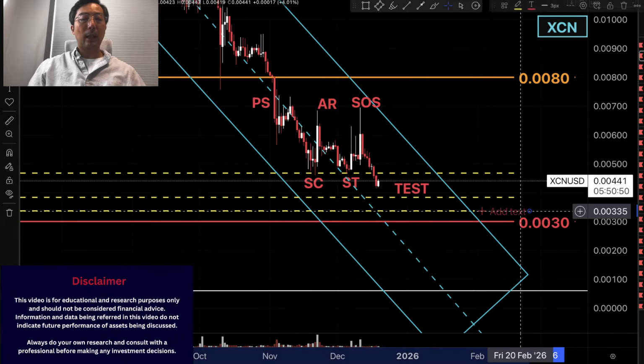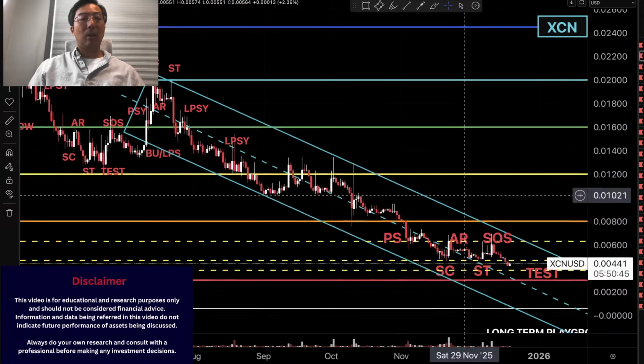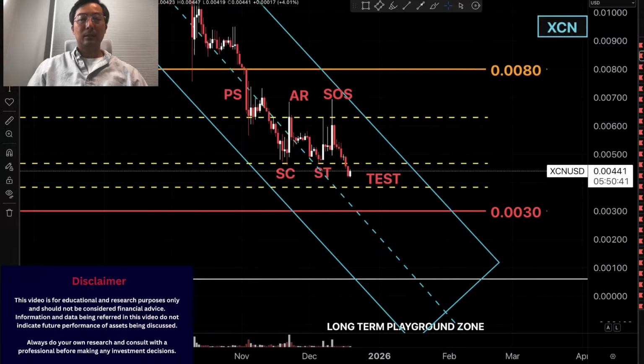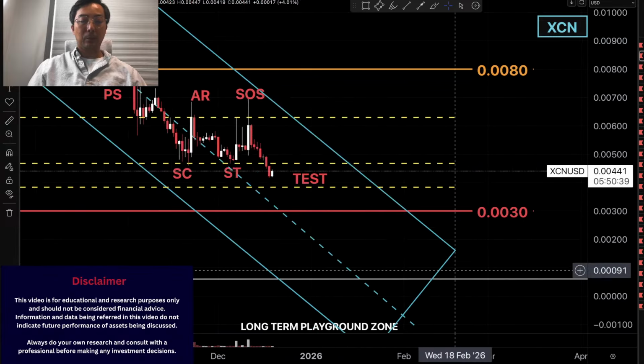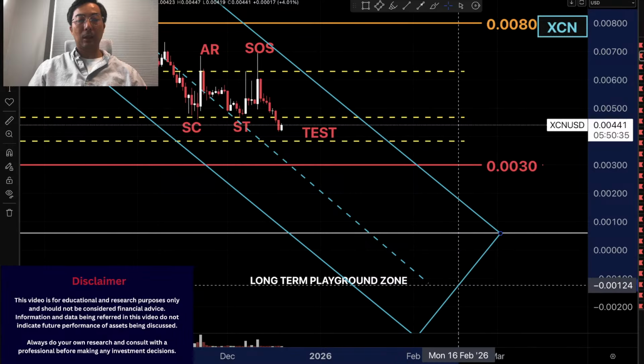If you ask when is it going to finish this downtrend, there are at least 3 chances, but pointing towards different dates as we see it from the chart now.